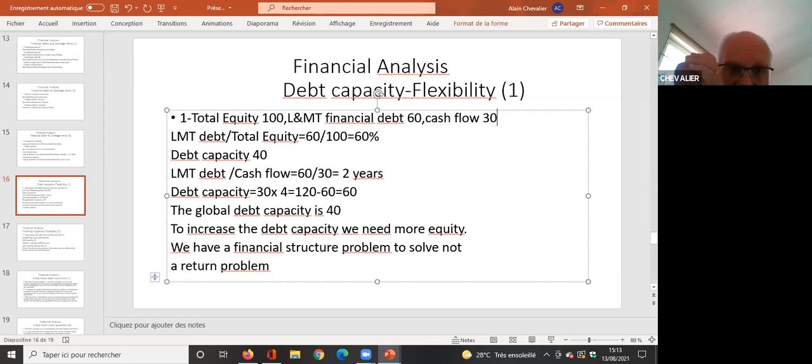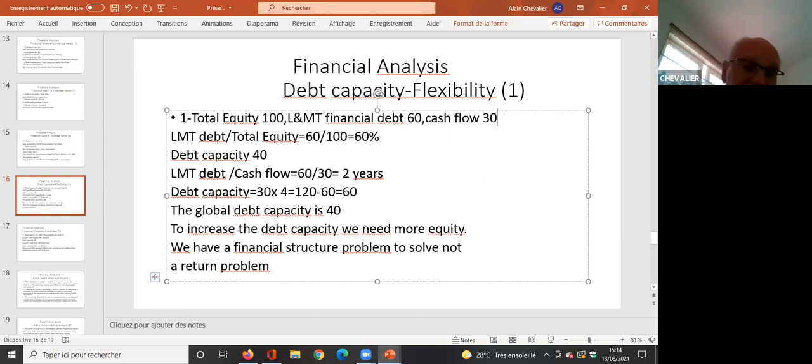Okay. But to find the global debt capacity, you have to meet this limit of 1 here for the structure. But at the same time, you have to check what can be repaid using the last available cash flow.